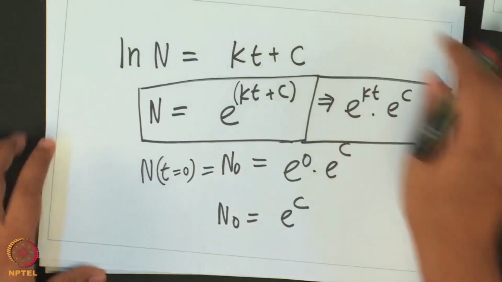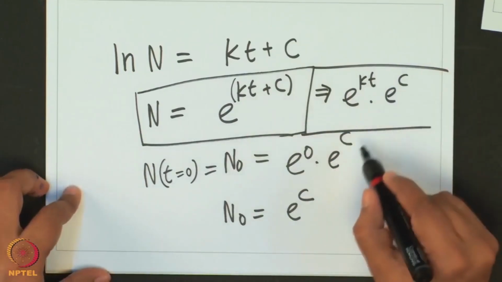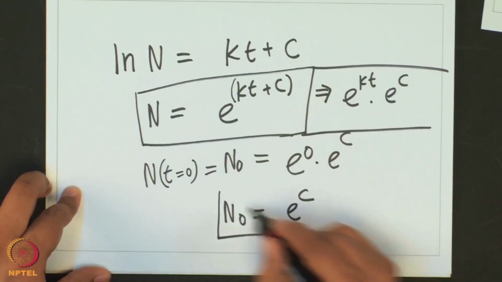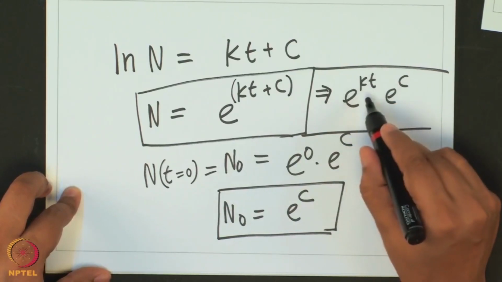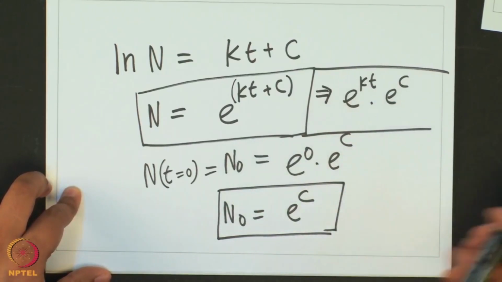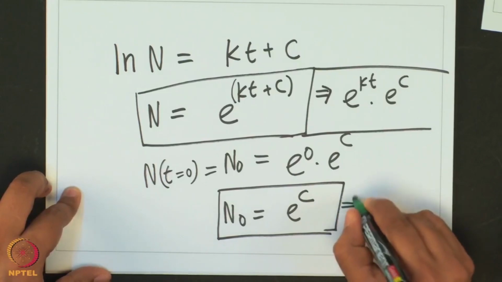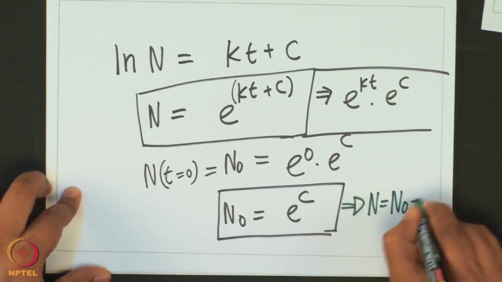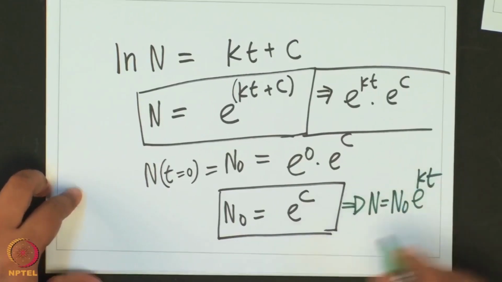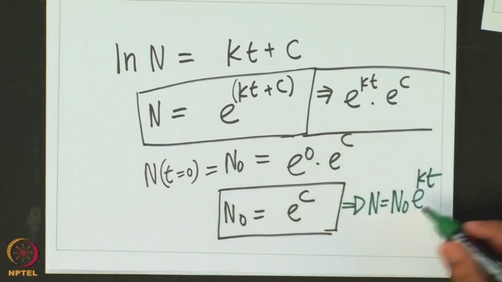And e power c is n0. So this is nothing but n0 times e power kt. So what this would imply is that n is n0 e power kt. That's what we would get as the answer from this.